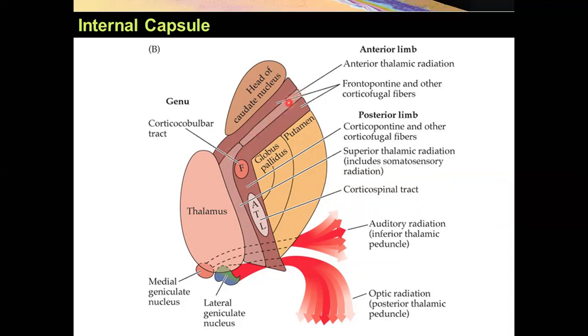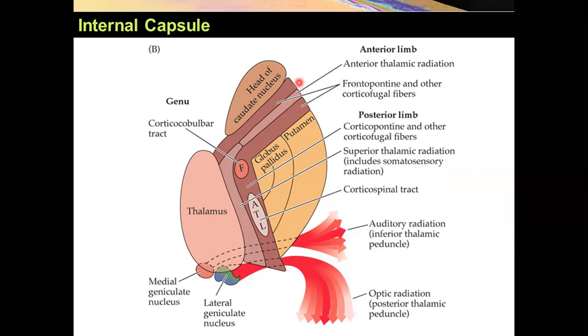So the anterior limb of the internal capsule separates the head of caudate nucleus from the putamen and the globus pallidus. Look at here. Here is the posterior limb of the internal capsule, which separates the globus pallidus and putamen from the thalamus.